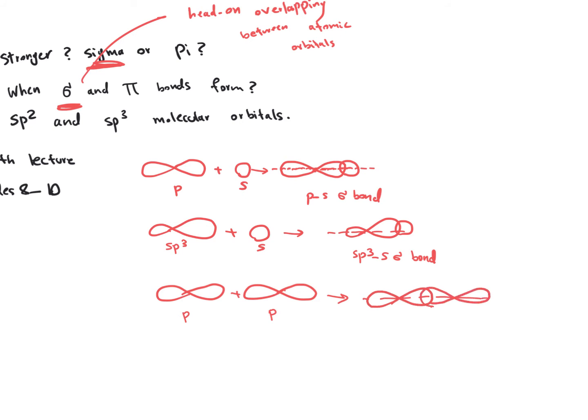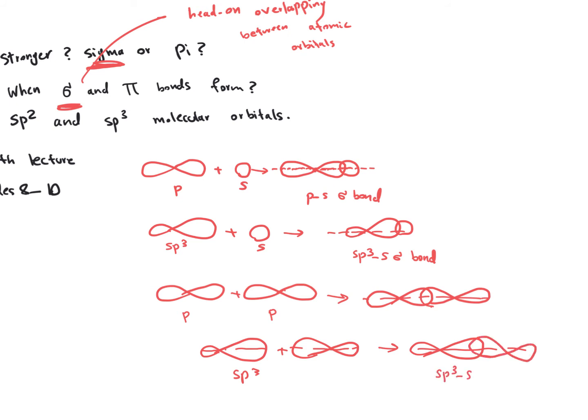Or an sp3 molecular orbital plus sp3, right, becomes an sp3-sp3 sigma bond. So it's head-on overlap between atomic orbitals or also molecular orbitals.